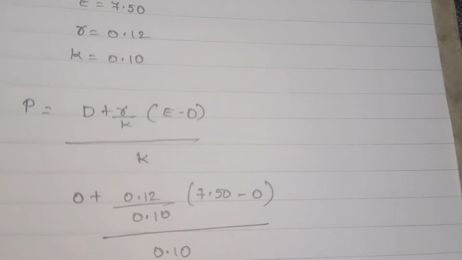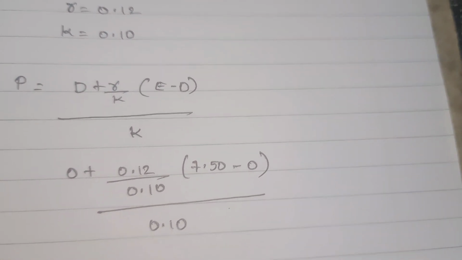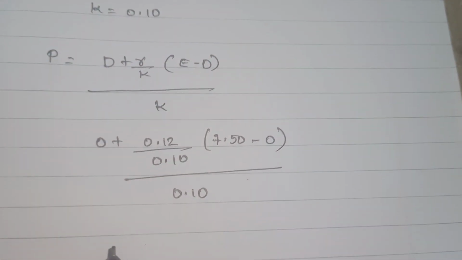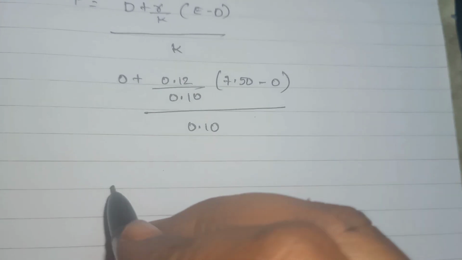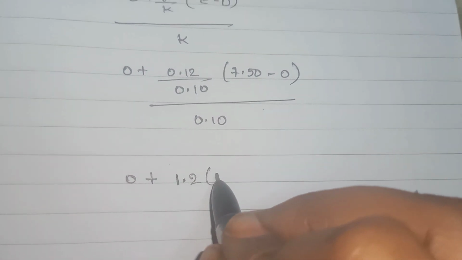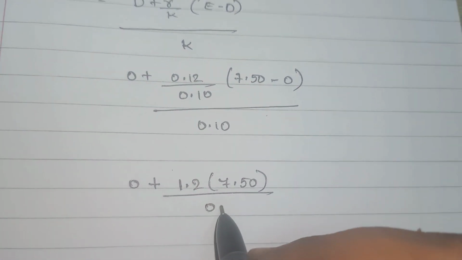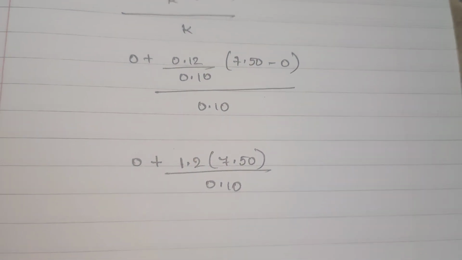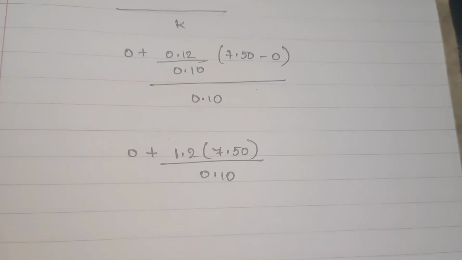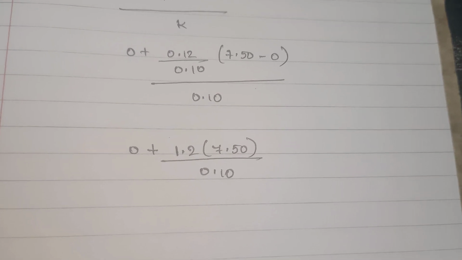When we subtract, the value is 7.50. 0.12 divided by 0.10 is equal to 1.2. So now let us do another step. 1.2 into 7.50 is equal to 9.